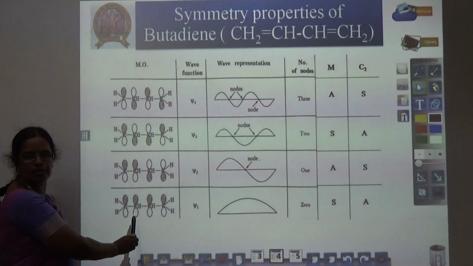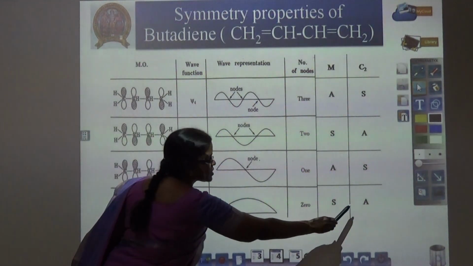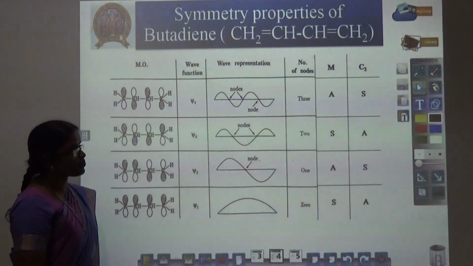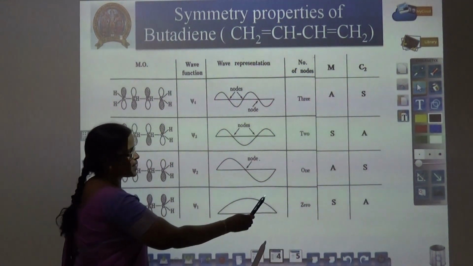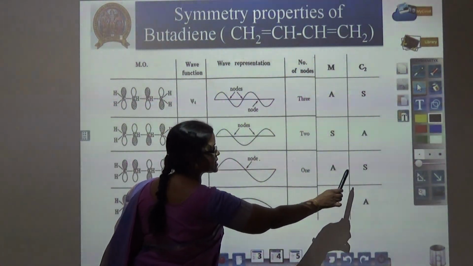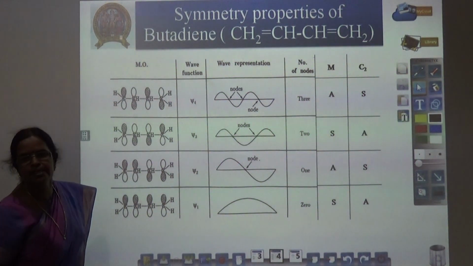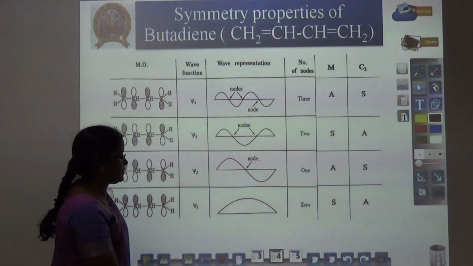It is not similar to the starting molecular orbital, so it is designated as A. Similar to that, all the molecular orbitals are designated as A or S based on whether they are asymmetric or symmetric.